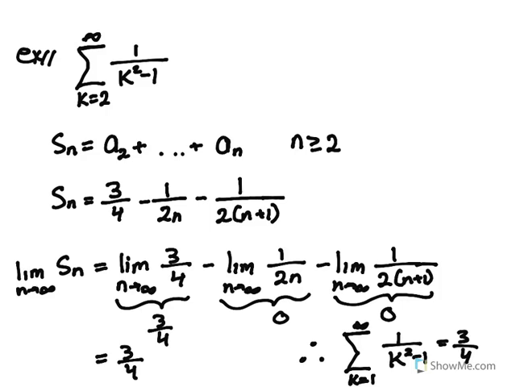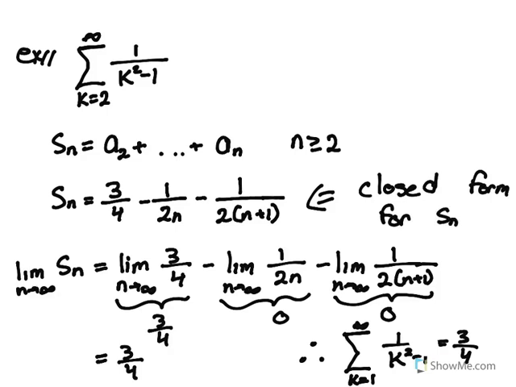Now this definition of convergence of series is very intuitive and makes a lot of sense, but in practice it's not very useful because for a lot of series it's hard to come up with a closed form for the partial sums like we have in this example. This was actually one of the only examples I could find where there was a closed form for S_n.